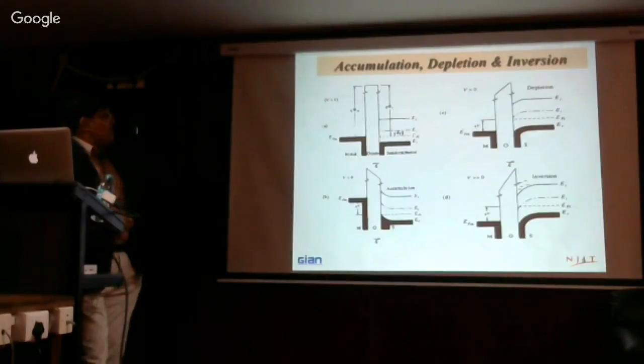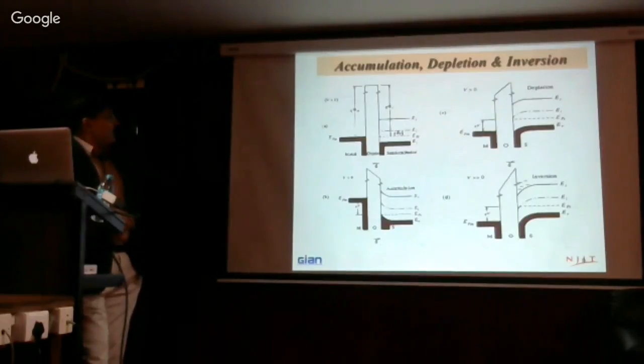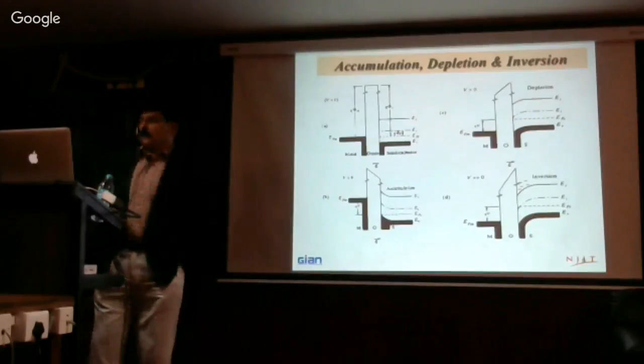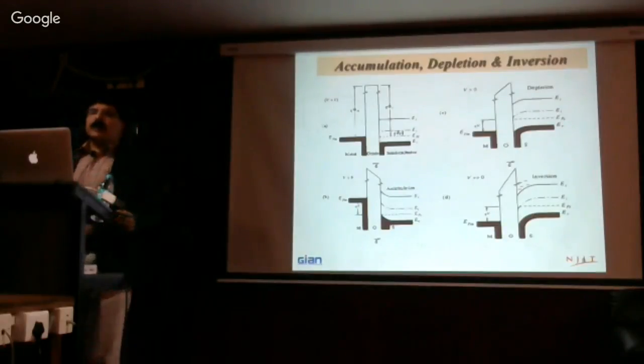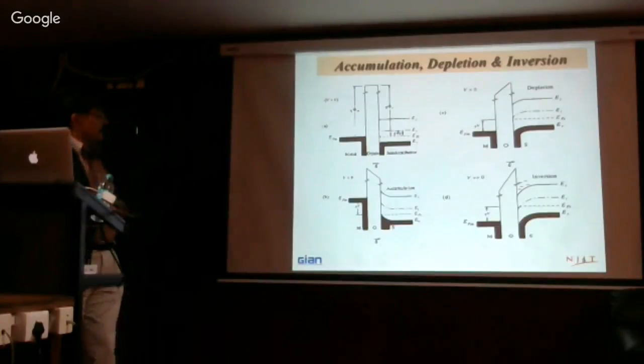For N doped, the Fermi level will be above the intrinsic Fermi level. Since this is P type, you have the Fermi level below. Depending on the number of impurity atoms, you have this separation. Now, in intrinsic silicon, where there is no impurity at all, the Fermi level stays exactly at the middle.